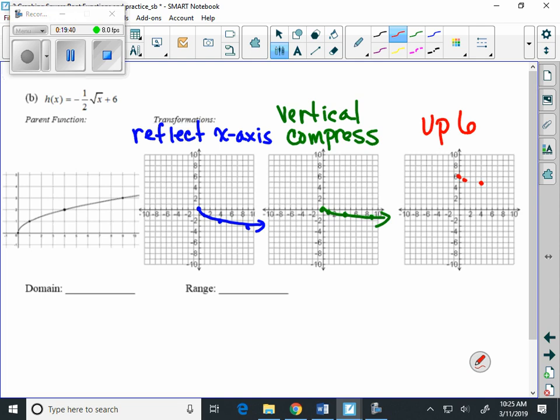And 9, negative 1.5 becomes 9, 4.5. And there's our picture.